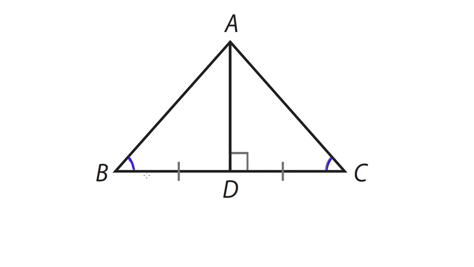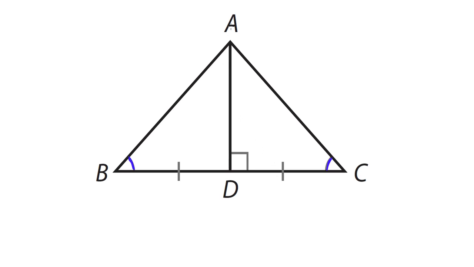So in order to get angle side angle, I need to determine whether or not angle ADB is congruent to angle ADC. Well, we can see here that line segment AD is a perpendicular bisector of line segment BC because it creates a right angle and these two sides are equal.